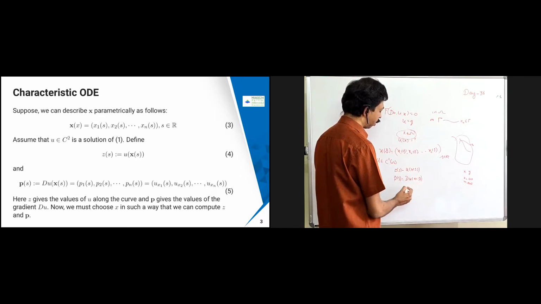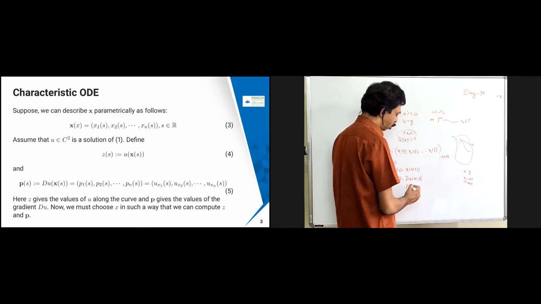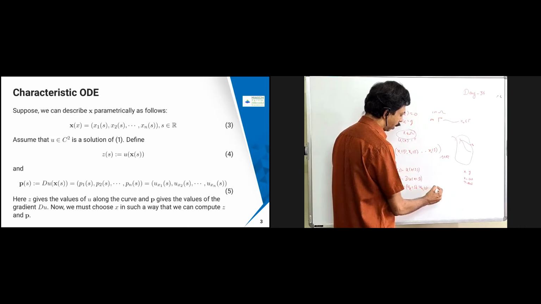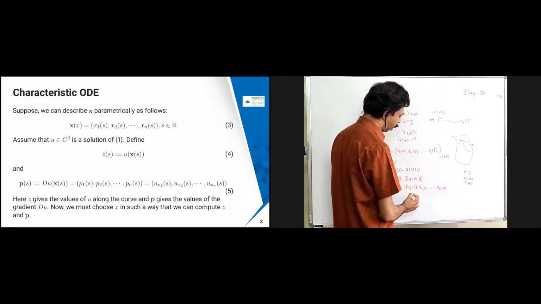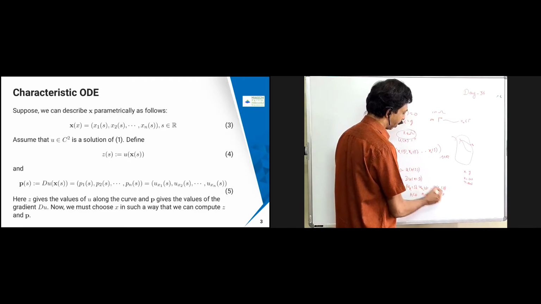It means I'm finding the derivatives of u at x1 of s, u at x2 of s, etc., u at xn of s. So this is nothing but p1 of s, p2 of s, etc., pn of s.